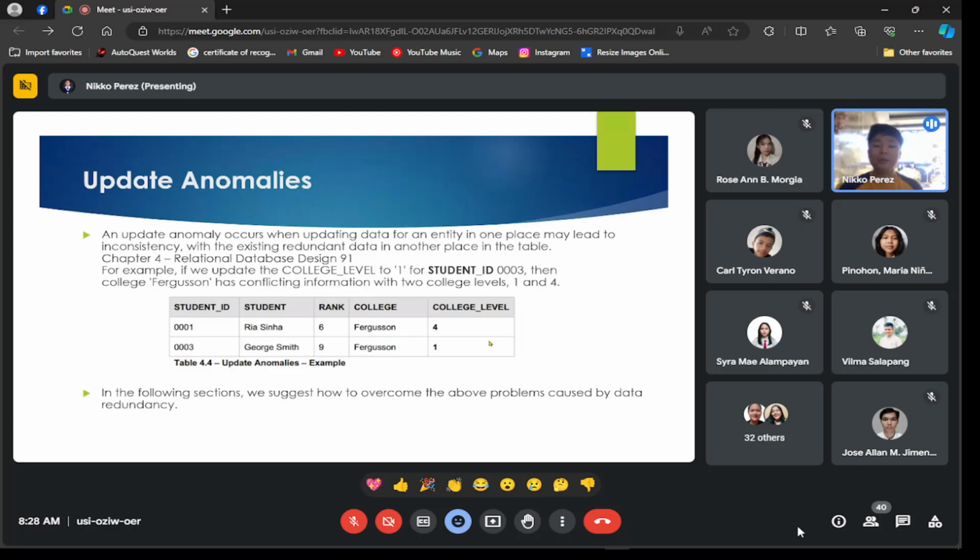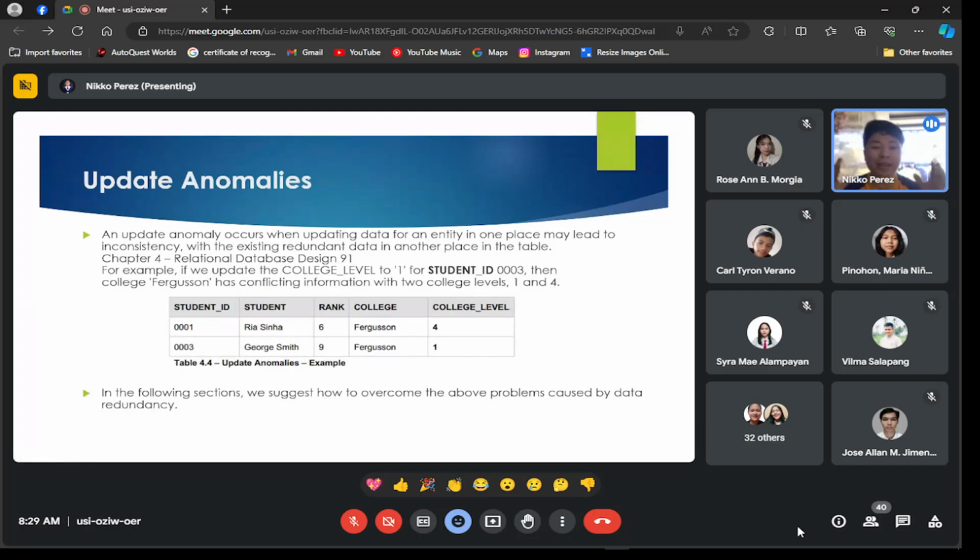Okay? What if there are 5 additional records of students in different colleges, and of course if you update those records too, it will always lead to inconsistency, which is conflicting information.